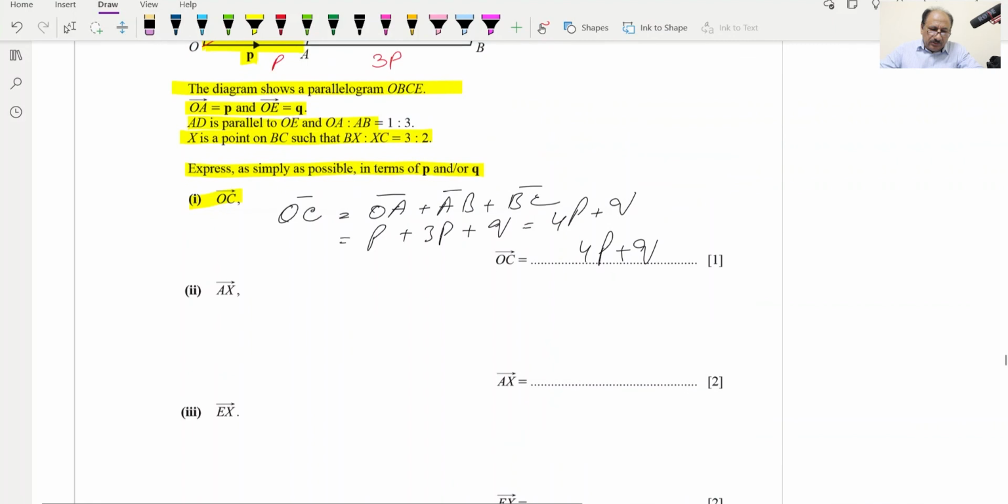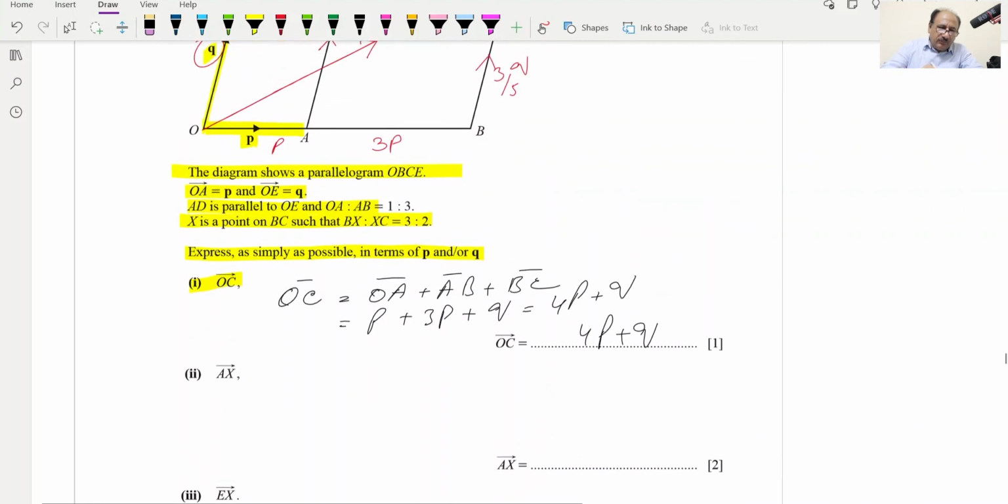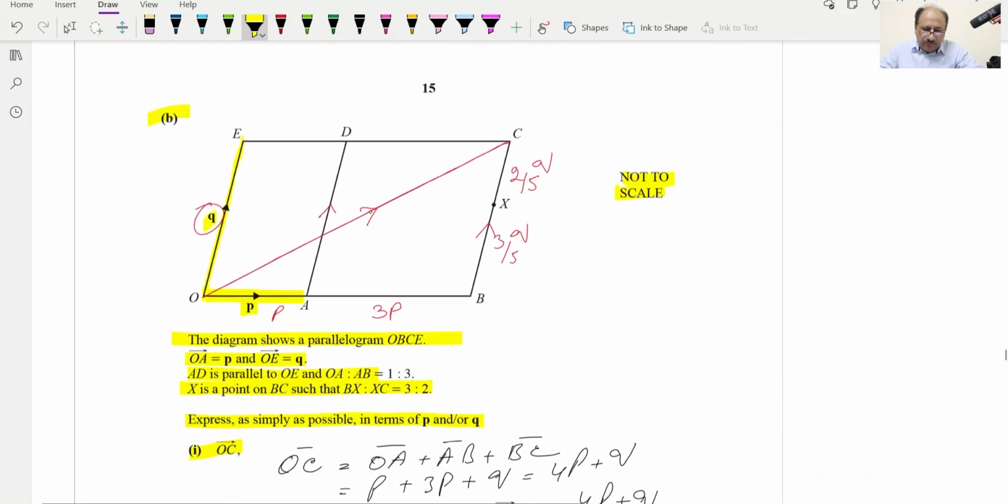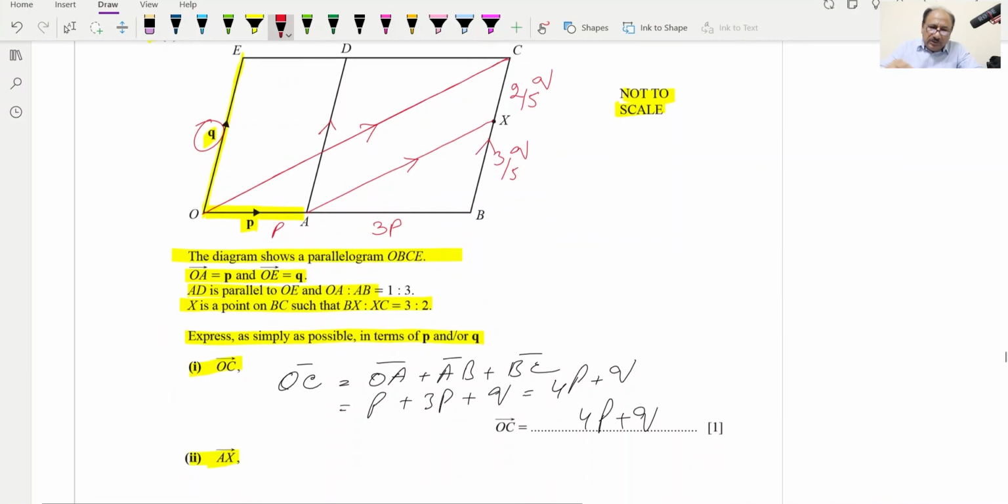Now we can tackle the next one, AX. We have to find AX, and for AX we will identify first where AX is. Where is A? Is here. Okay, so AX will be this one. So this is our AX and direction is this one. So we can take easily this route and this one.